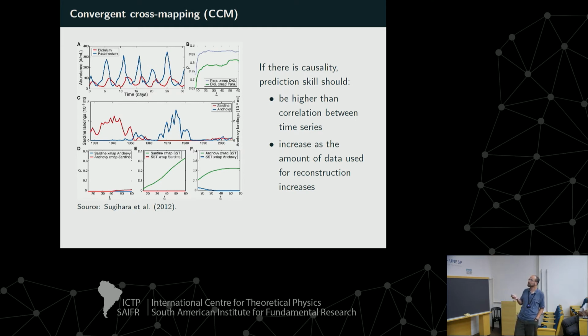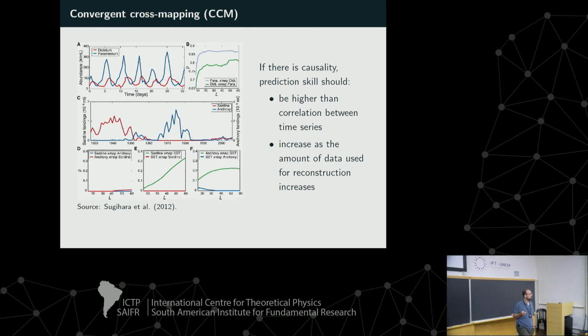Another, a little more sophisticated example uses sardines and anchovies and sea surface temperatures, and they show that sea surface temperature causes the changes in both. They seem unrelated, but actually the effect is really temperature, not interaction between the species. So this is interesting. Is this clear?